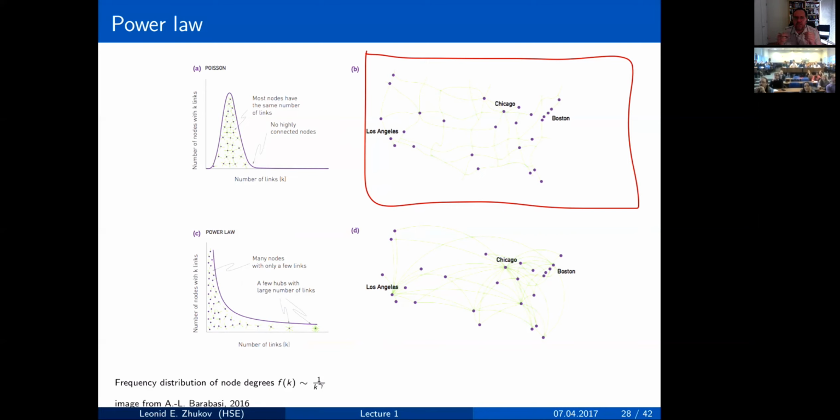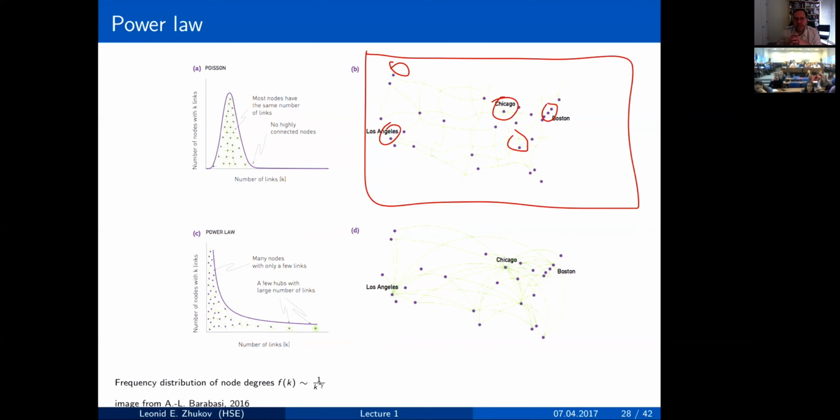Then we can calculate how many cities have how many freeways coming into them. There is a city here with 2 freeways, LA with 2 freeways, Chicago with about 6 freeways, Boston probably 2 or 3, and here is one I don't even know, but with 4 freeways. So you can calculate for every city how many freeways come into it.